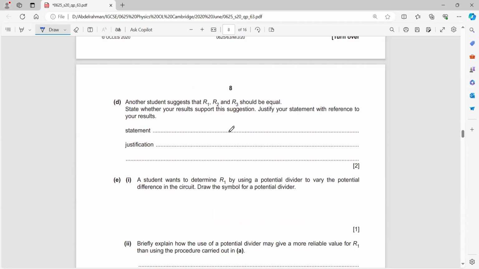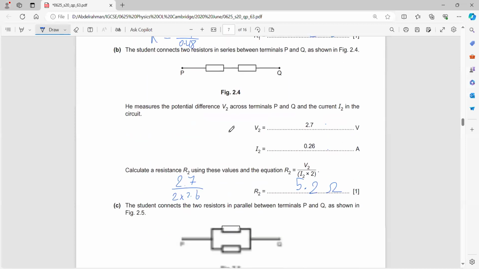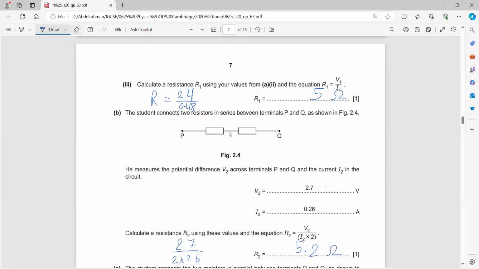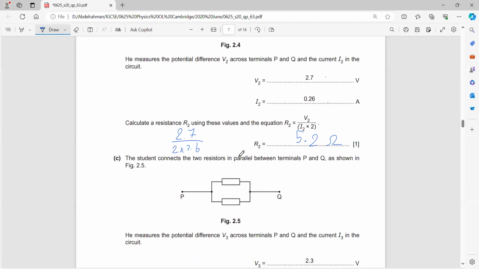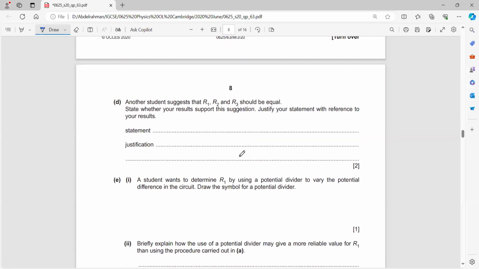Another student suggests that R1, R2, and R3 should be equal. R1 was 5. Guys, don't write down 5, write it down as 5.0, which should be better. R2 is 5.2, R3 is 4.9. Are they equal? Definitely yes. Yes, they are equal. Then justification. Again, I told you, what do I mean by justification?